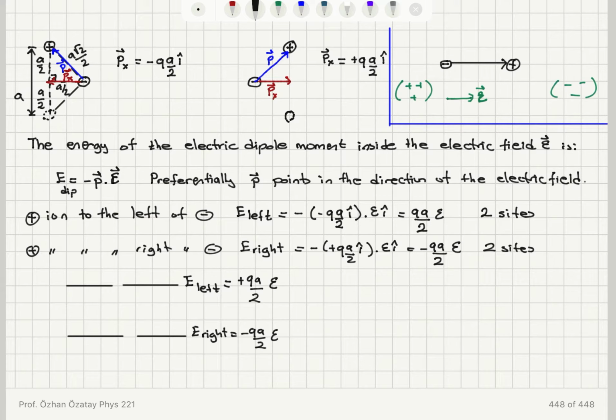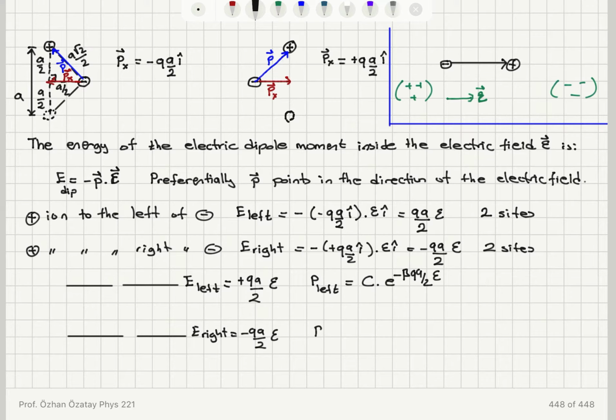So the probability of occupancy of this energy level, p left, let's say, is a constant c times e to the minus beta qa over 2 epsilon.